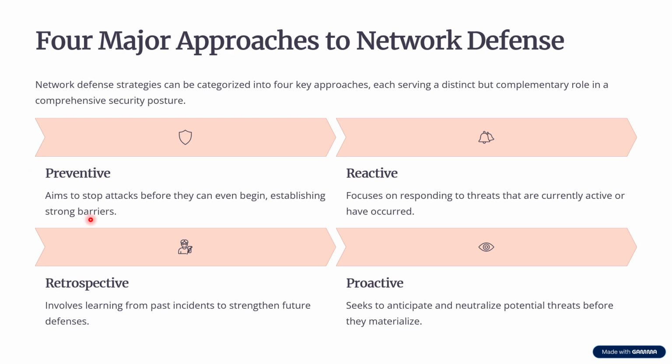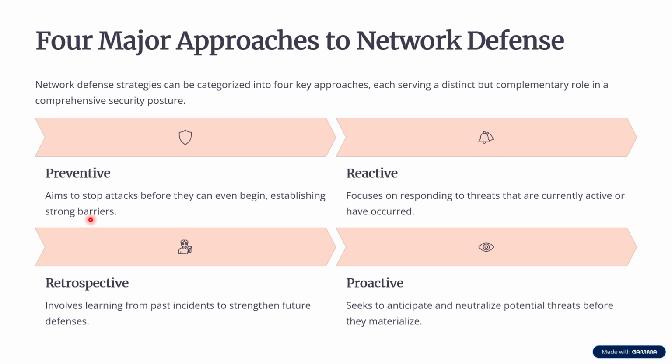Then second is reactive, responding to threats once they have been detected. What does it actually mean? Suppose there is an attack on your system. You realize that your computer has been hacked or some suspicious activity is going on inside it. Then what will be the first step?